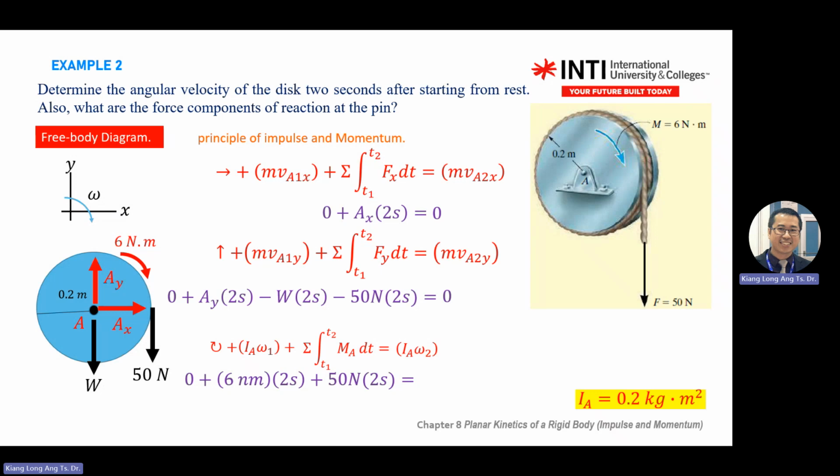No, I'm not talking about AY. I'm talking about this one. This one is force.